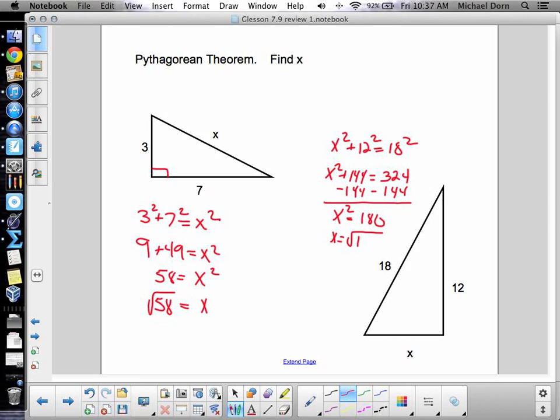So x is the square root of 180, which I then have to simplify. That's root 36 times root 5, or 6 root 5. The other thing that can make Pythagorean theorem hard is if we put a side that is a radical and we have to square it. But again, that's what we've been working on.